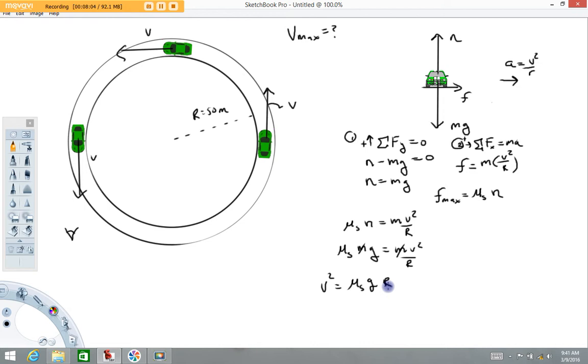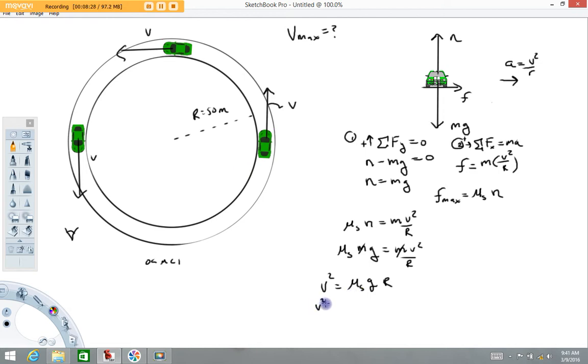Now, million-dollar question is, what do we do about that? Well, if we had a static coefficient given, we would use that. We're just going to assume really good tires here. Coefficients of friction typically range between 0 and 1. And if you look up the static coefficient of friction between rubber tires and concrete, it's right around 1. So I'm going to assume best case scenario.